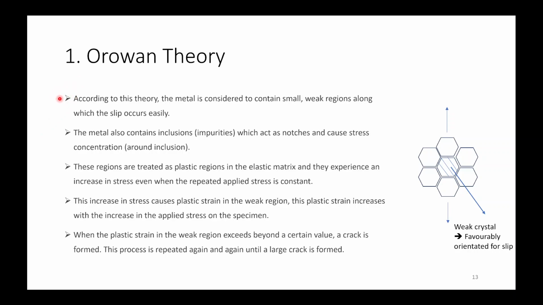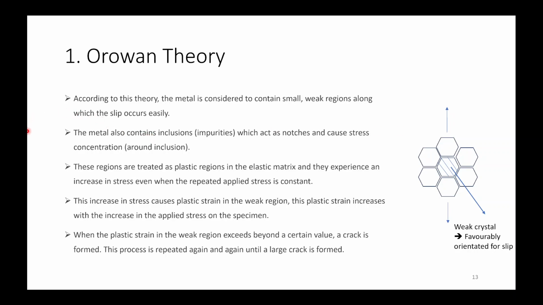According to this theory, there are some weak regions inside the material. In some materials there can be inclusions present, or some regions which are favorably oriented to the loading axis, which will lead to their initial plastic deformation, which will make them very prone to cracking and ultimately make the material fail through fatigue.